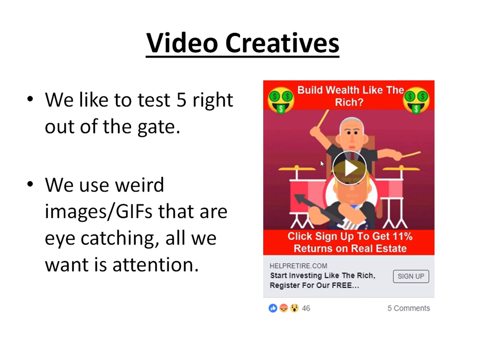This is one of our best ads. So we just put this headline up there, we added these 2 emojis, and essentially it's them strumming along and playing music. So we use weird images and GIFs that are eye-catching, and all we want is attention, and the ad copy that we actually run pre-sells them on opting in or purchasing.